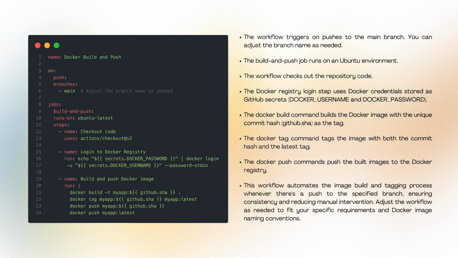This workflow automates the image build and tagging process whenever there's a push to the specific branch, let's say, ensuring consistency and reducing manual intervention. You can adjust the workflow as needed to really fit your specific requirements and Docker image naming conventions.